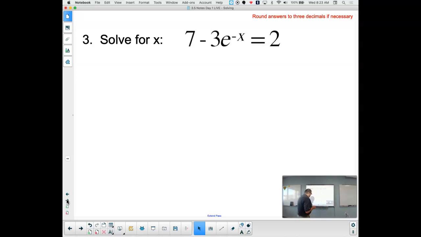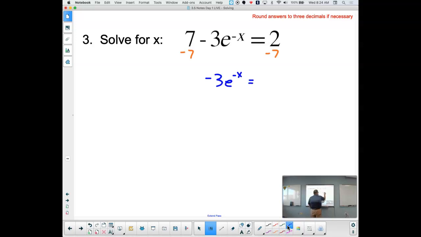All right. So first off, what I would do is I would subtract 7 from both sides. That's going to give me negative 3e to the negative x is equal to negative 5. Then I would divide both sides by negative 3.